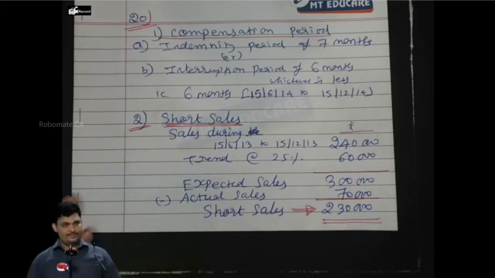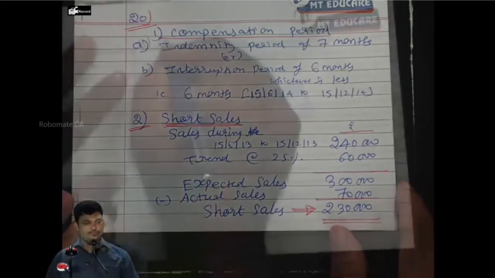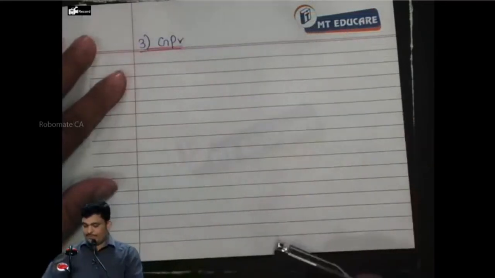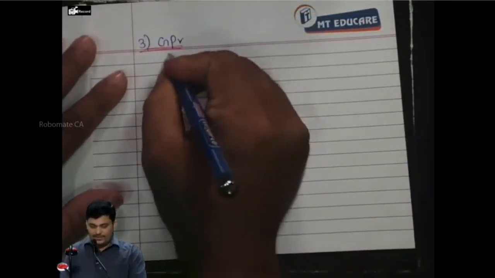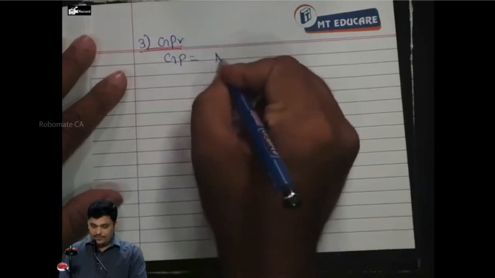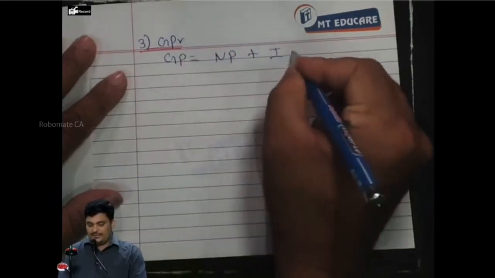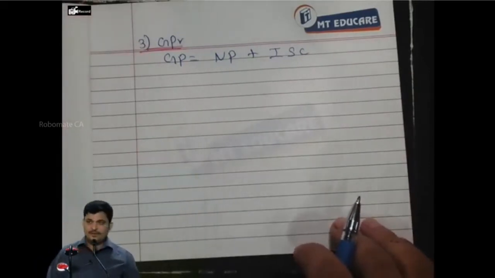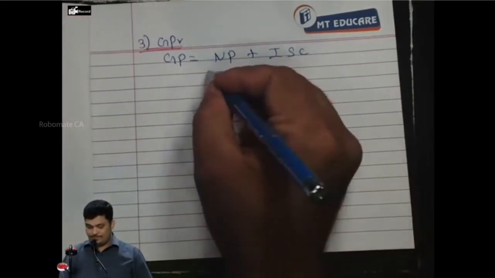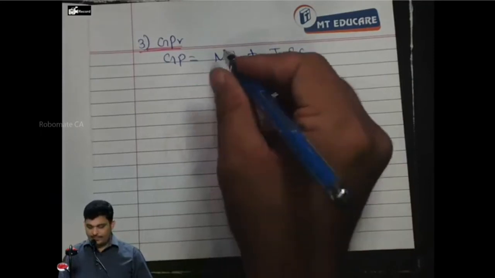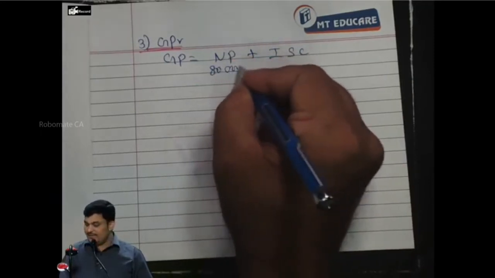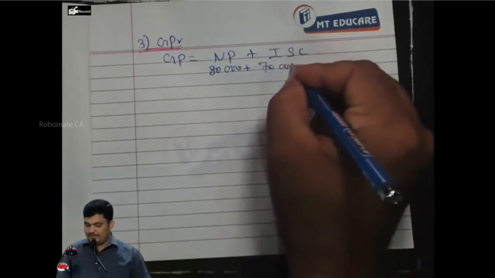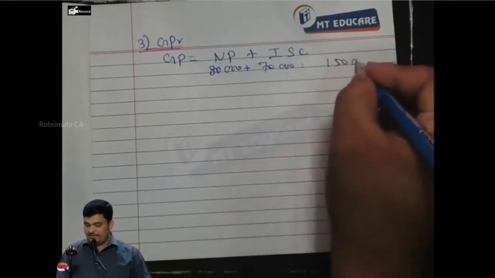Step 3. Gross profit ratio. For that, gross profit equals net profit plus insured standing charges. What is the net profit? 80,000 plus insured standing charges 70,000. So it is 1,50,000.